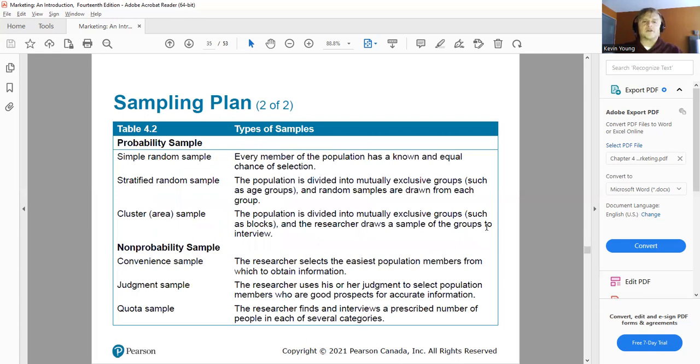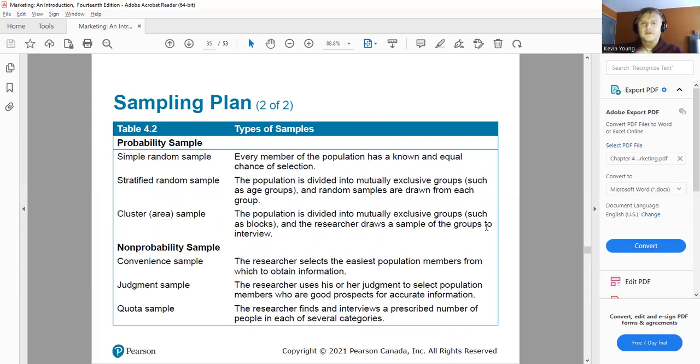So these are different types of samples. We have a probability sample, and we have a non-probability sample. And then underneath that, you can see simple random sample, stratified random sample, and a cluster area sample. So just briefly, a random sample has every member of the population has a known and equal chance of selection.